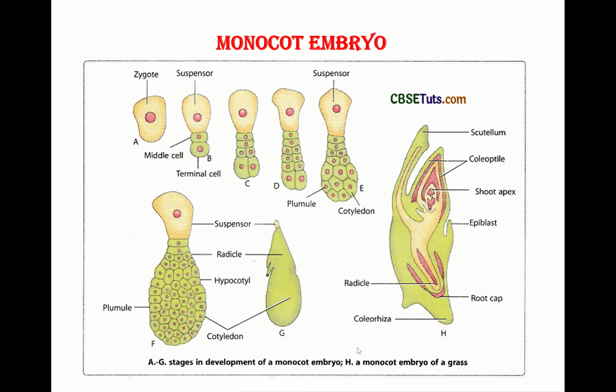This kind of embryo is specifically found in grasses. The main function of the epiblast includes transferring nutrients as well as protecting the developing embryo.